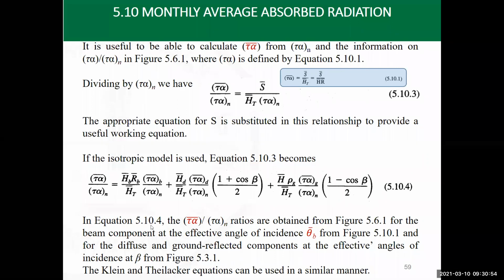In this equation, the values of tau alpha bar over tau alpha normal are obtained from equation 5.6.1 for the beam component at an effective angle theta b that can be obtained from figure 5.10.1. For diffuse and ground reflected components, they are obtained at effective angles beta from figure 5.3.1. We have gone through that already in the example that we solved a while ago.